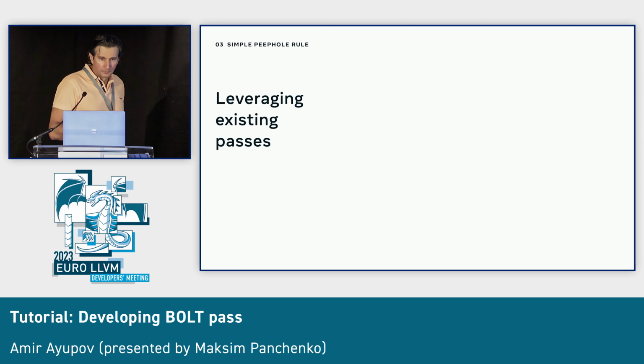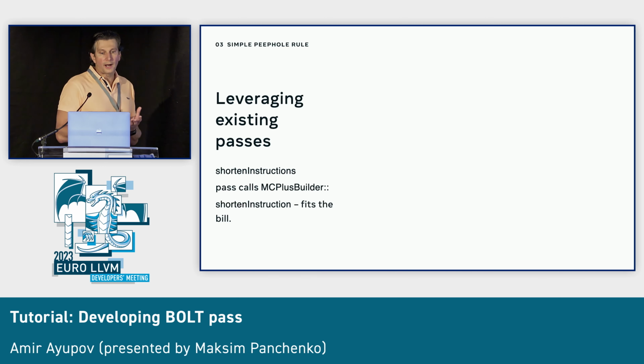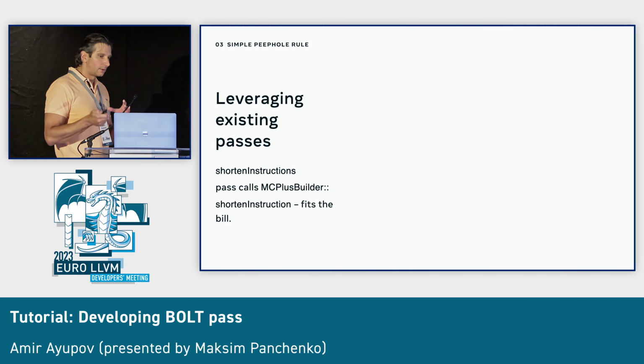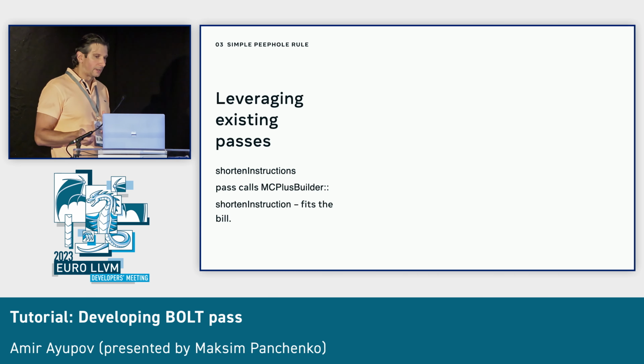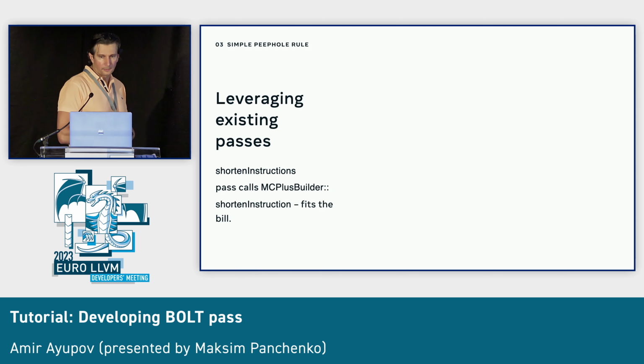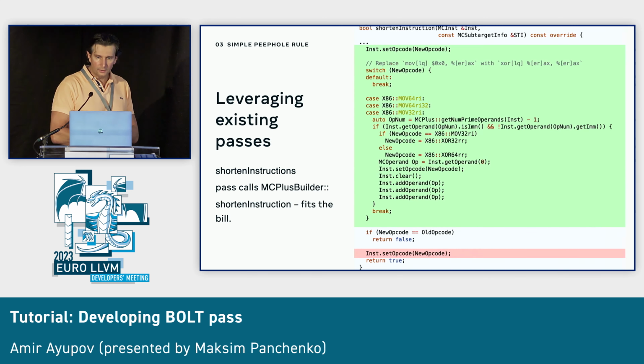How do we do this? We can add a new pass, but we start with modifying the existing one, because we already have a pass that calls MCPlusBuilder shortenInstruction, and it's already x86 specific, so it has access to all target information.